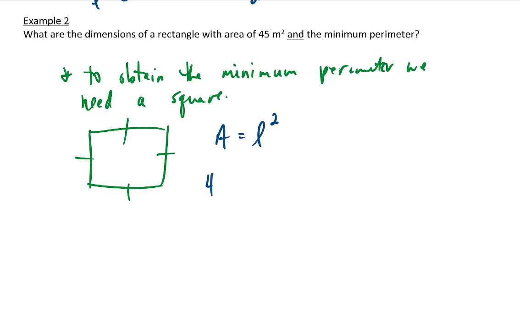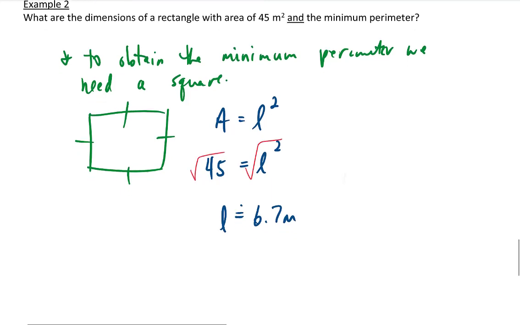This time we know the area is 45. So if I want to find the dimensions that work, I need to square root both sides of this equation. And if I square root that, I get the length is approximately equal to 6.7 meters. So we know the dimensions will be 6.7 by 6.7.